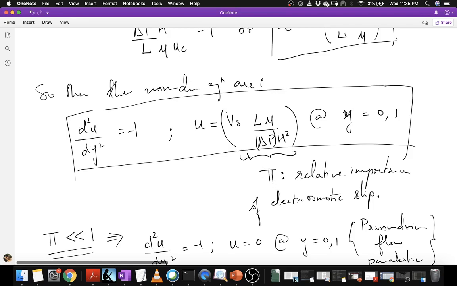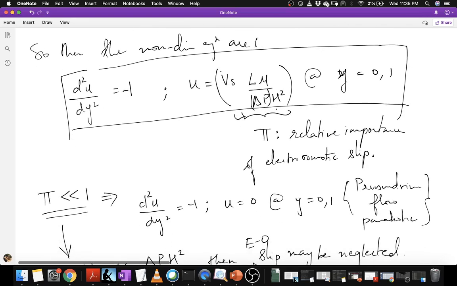And so I know that I will get the same solution if I increase the channel length, or if I keep the channel length fixed and increase delta P, or if I increase H, but only as a square root as I would increase L, and so on. So we have simplified the complexity of the problem by reducing the number of parameters.